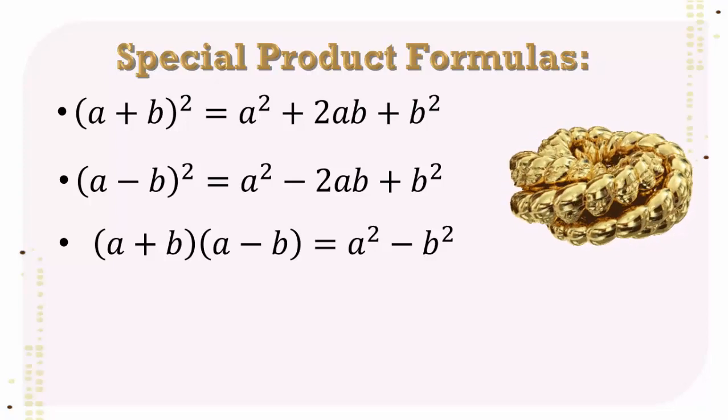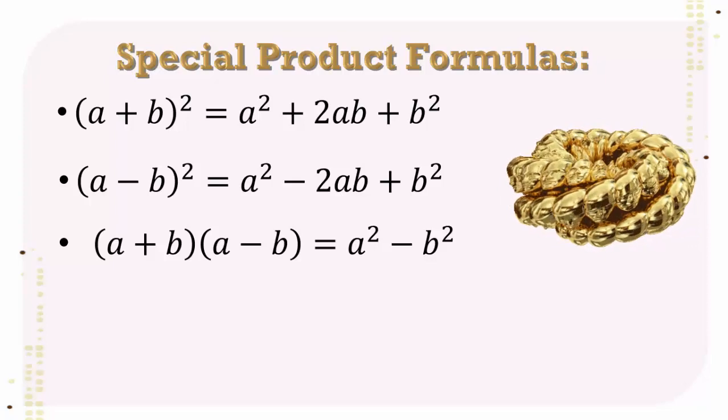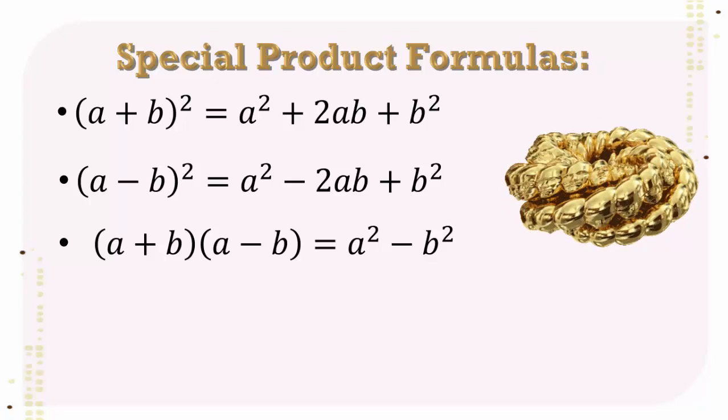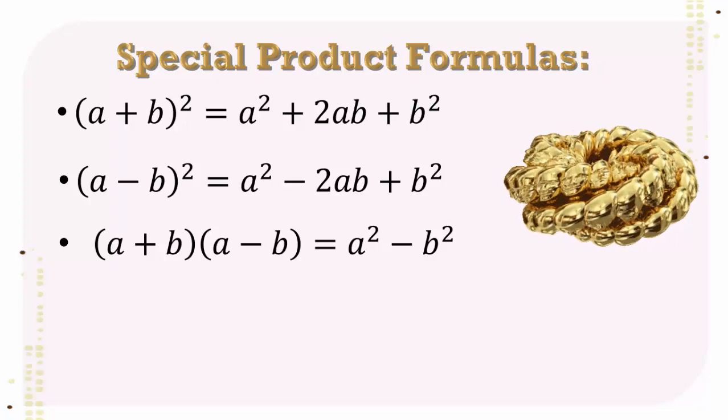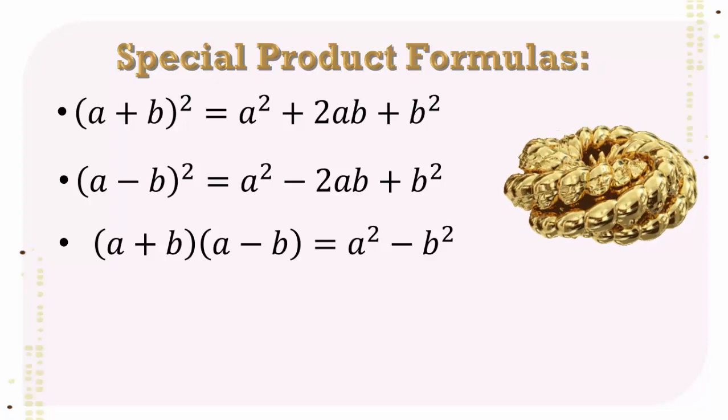Similarly, for a minus b, we could multiply a minus b times a minus b, or we could memorize the formula and find that indeed it is a squared minus 2ab plus b squared.